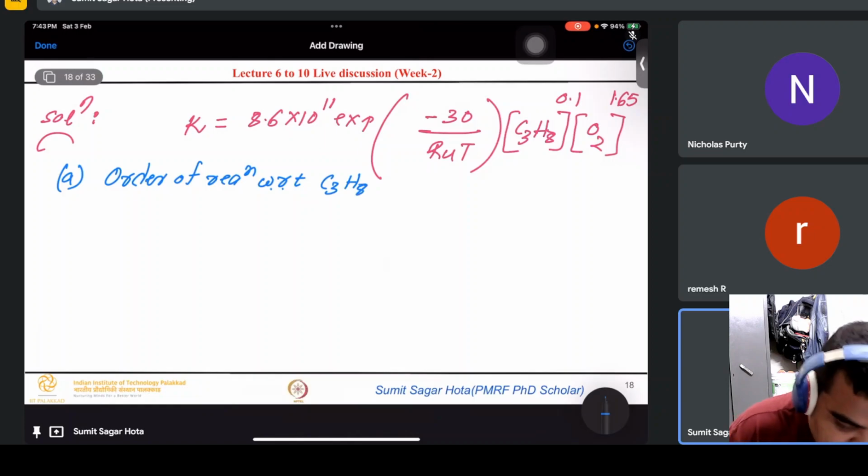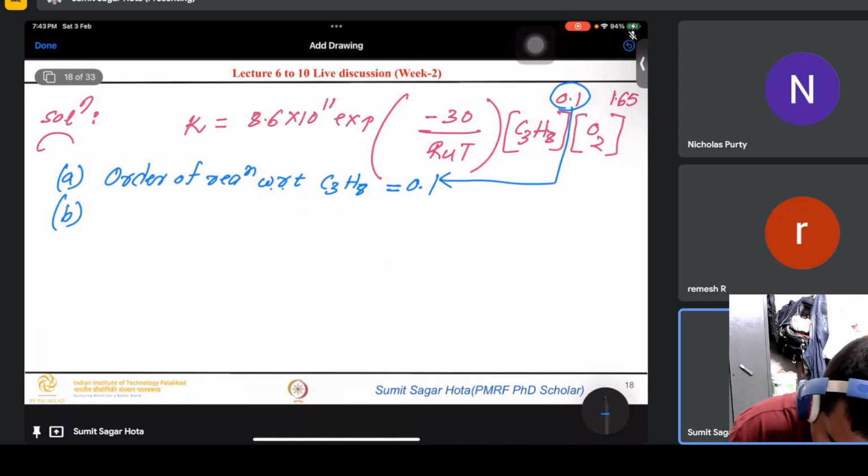The power is the order of reaction with respect to, power 1.